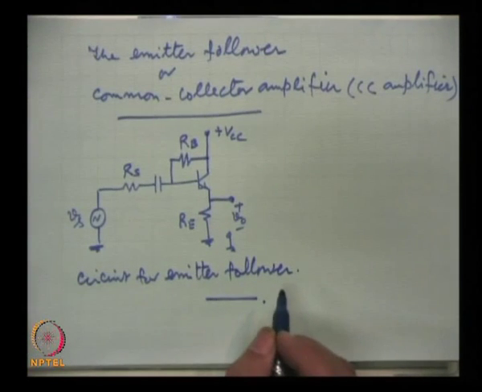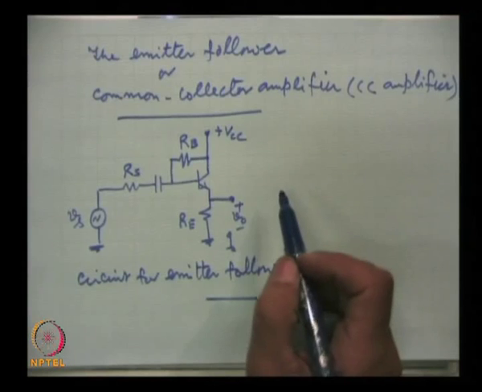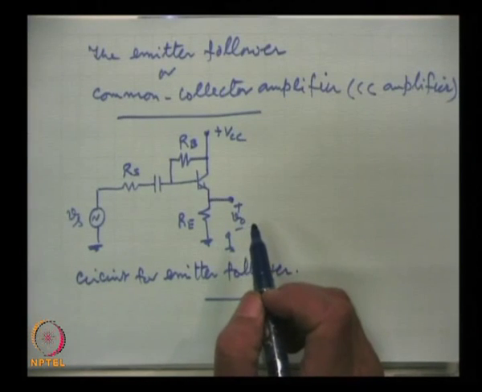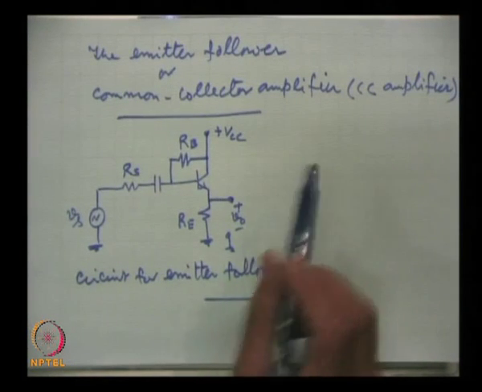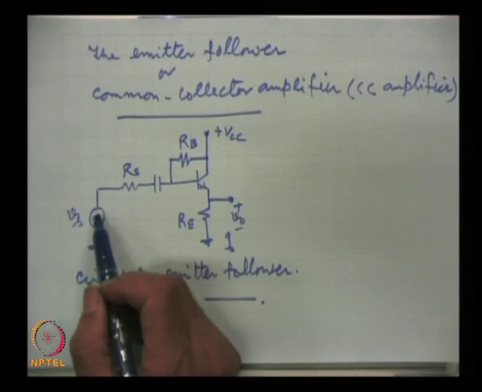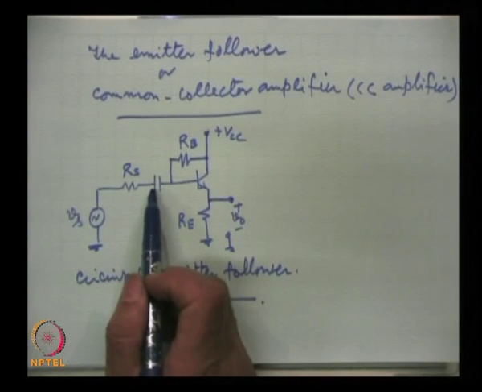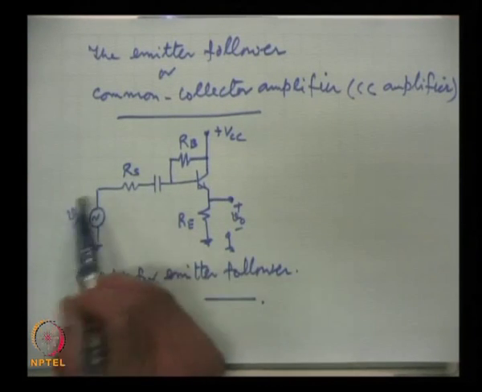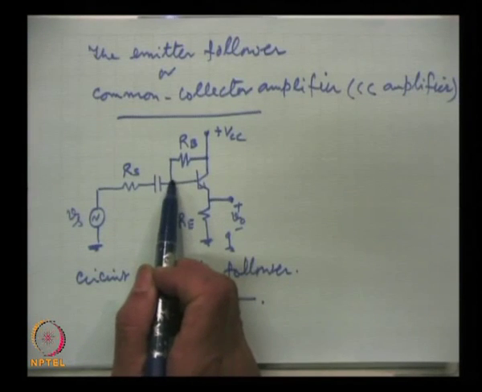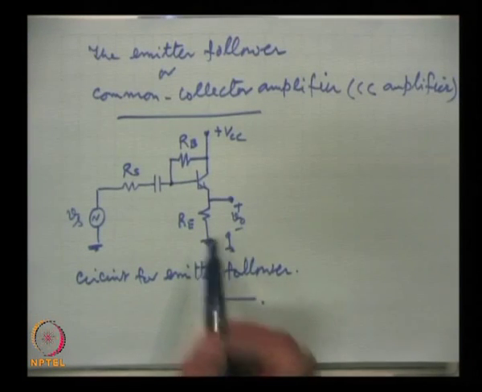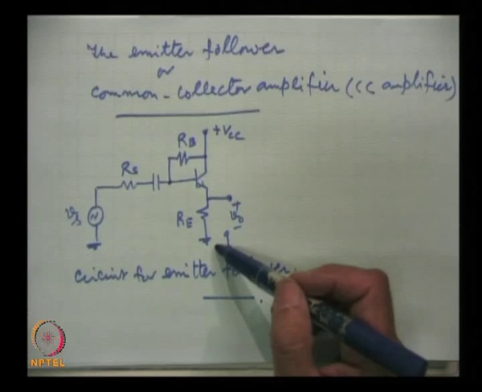Now, here one thing is very striking. In the emitter follower, the input signal is coupled to the base, and the output is taken from the emitter.